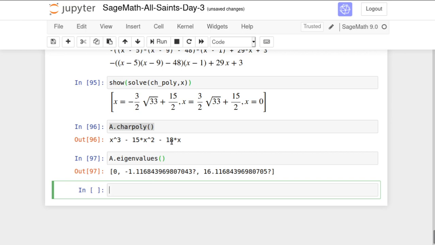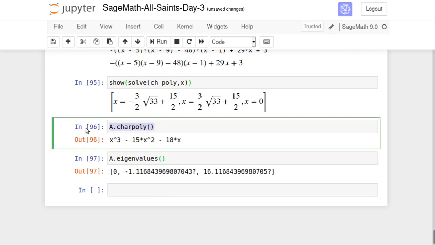Therefore, it is always better to use a dot characteristic poly and then try to solve it for finding the characteristic roots. That is much better because here we get something approximate, but if you solve a dot poly, you will get something exact. This is how we solve for finding characteristic roots and characteristic values of a matrix.